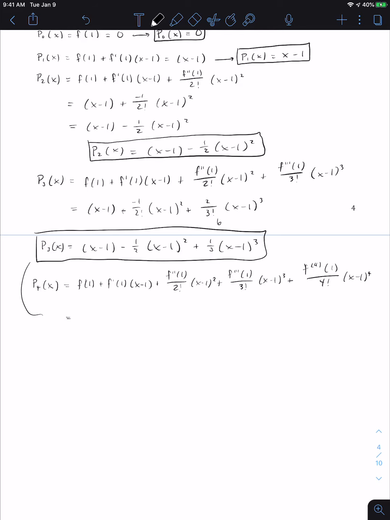So, using that pattern before, I know it's going to be the exact same as my previous one. So x minus 1 minus 1/2 x minus 1 squared plus 1/3 x minus 1 cubed.